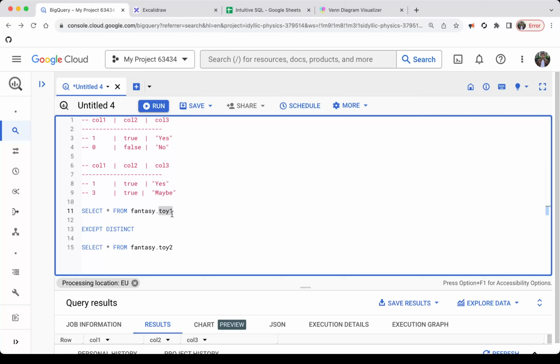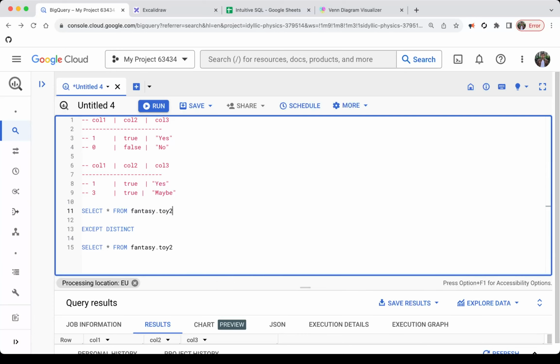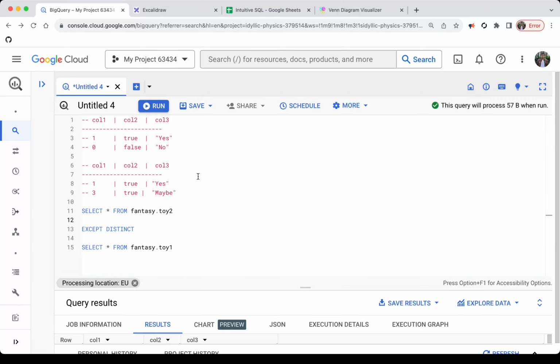Keep in mind that unlike the previous two operations, union and intersect, the except operation is not symmetric. If I swap the tables over here, I expect to get a different result. I expect to see this row over here selected, because I'm saying, give me everything from this table, toy 2, except the rows that are shared with toy 1.